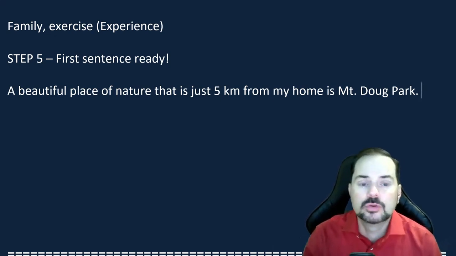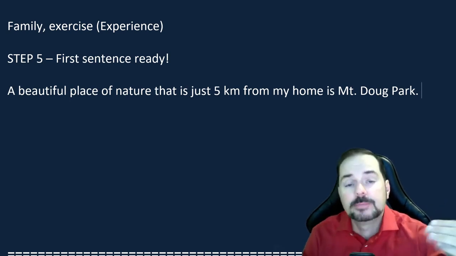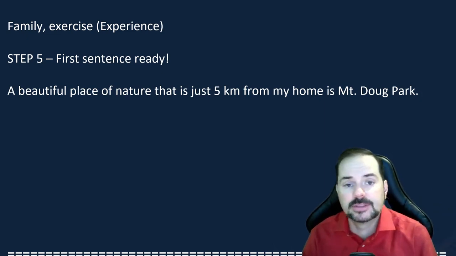Now I can continue with what I want to say based on location, appearance, attendees, activities. So I'm basically just going through these and connecting these, okay?